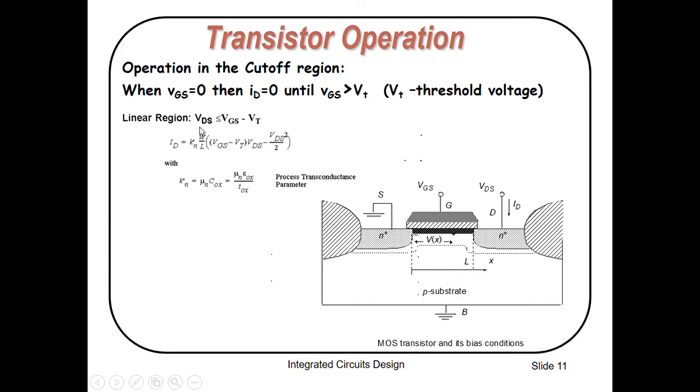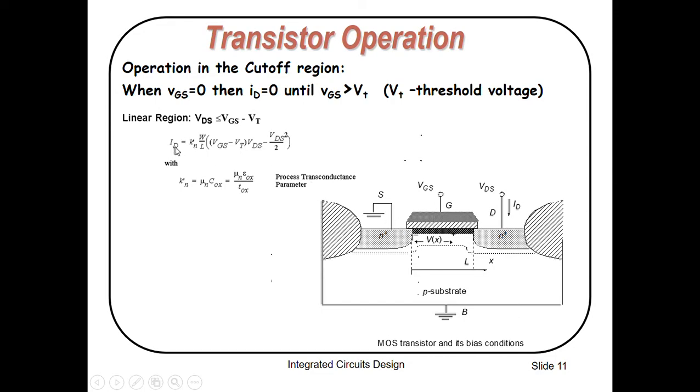To achieve the linear region, your VGS should be greater than VT, and VDS should be less than or equal to VGS minus VT. When you apply these conditions, your device will behave in the linear or triode region.